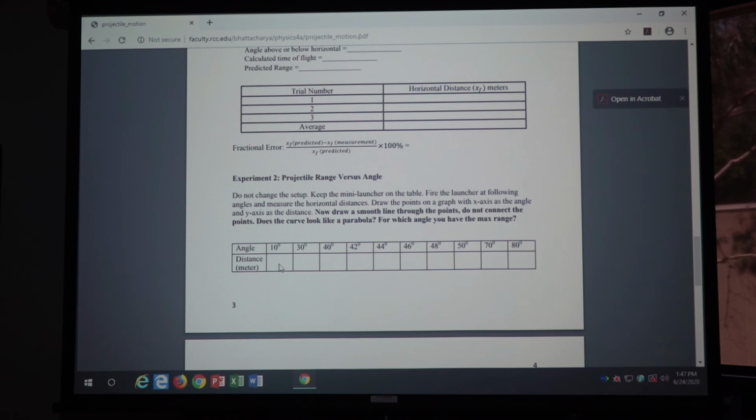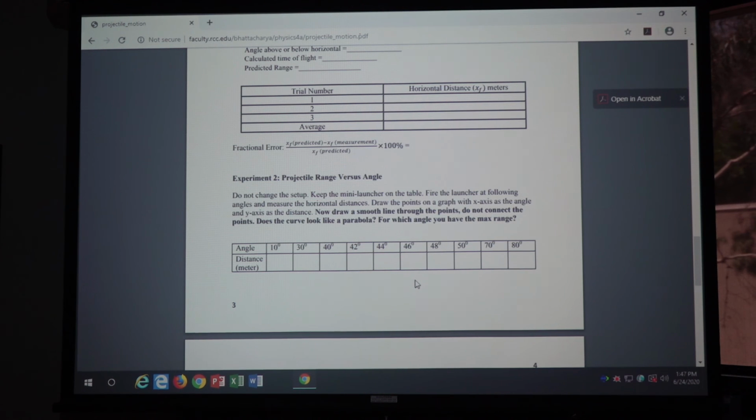So you have 10, 20, 30, 40, 50, 60, 70, 80. Don't worry about what the numbers are written here. You can just plug in your angles over here and write down the distances that we gave you.